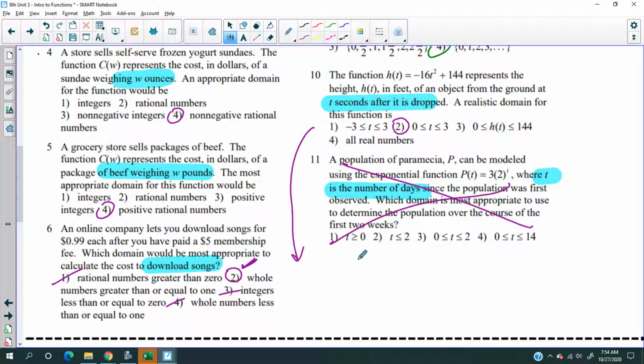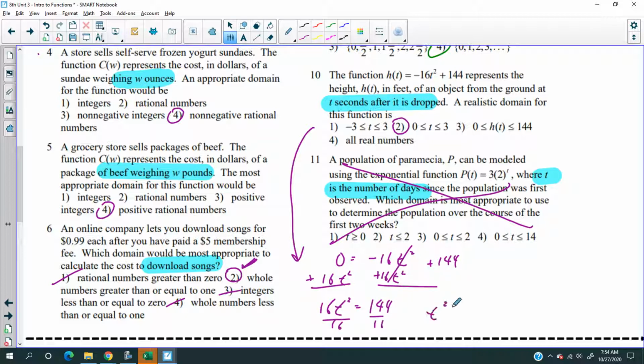If you solve this as an equation where the height goes to 0, for example, I could just add 16t squared to both sides. So 16t squared equals 144, divide both sides by 16. I believe we've actually seen this question before. So that's 9, take the square root. So that's 3.